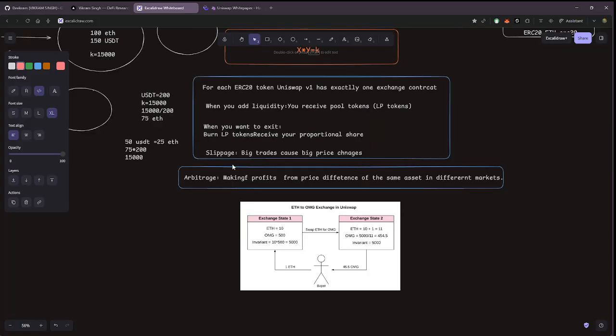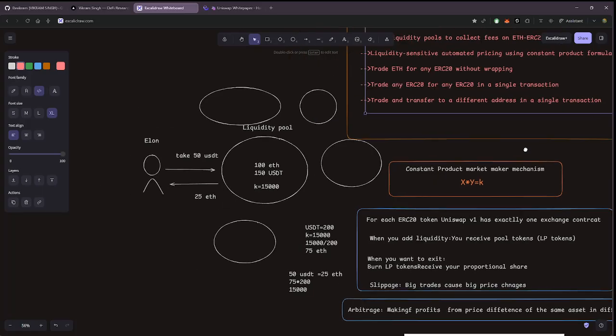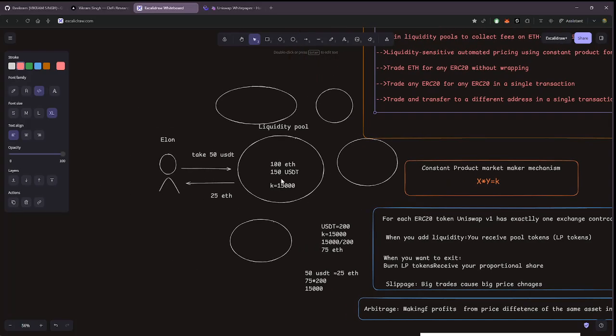Slippage: when big trades cause big price changes, this concept is called slippage. We also have a concept in Uniswap called arbitrage. Suppose this was a liquidity pool, and here the value of USDT is 150. For 50 USDT, I got 25 ETH.